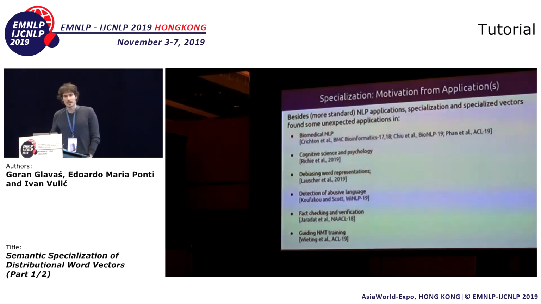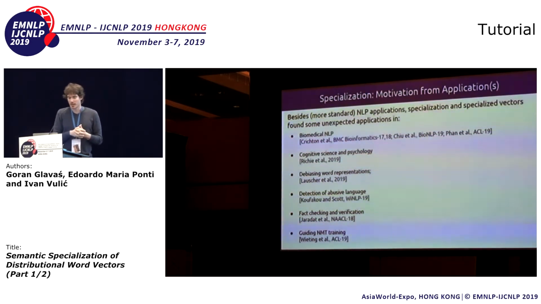So that started the whole thing, but now a curious fact is that specialization as the idea, and specialized vectors, actually found even some unexpected applications. They are now used in biomedical NLP, because you can inject the knowledge from biomedical thesauri or synonymy relations in your particular domain.